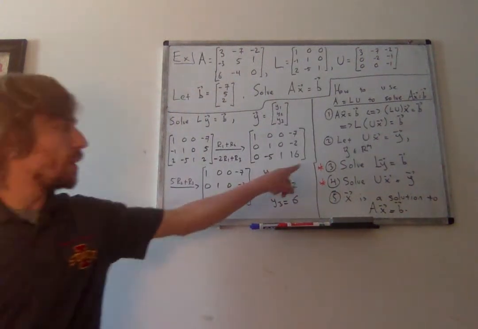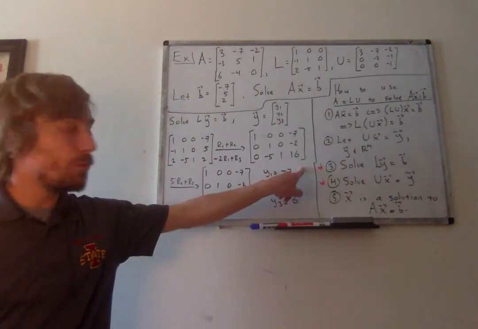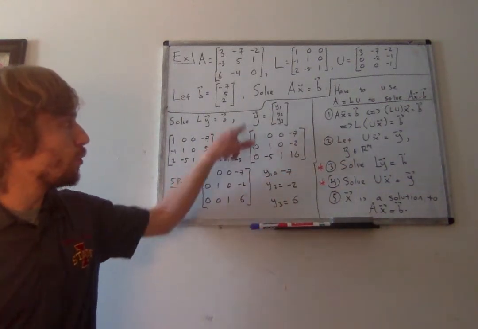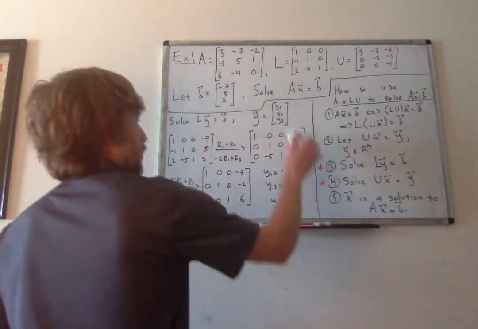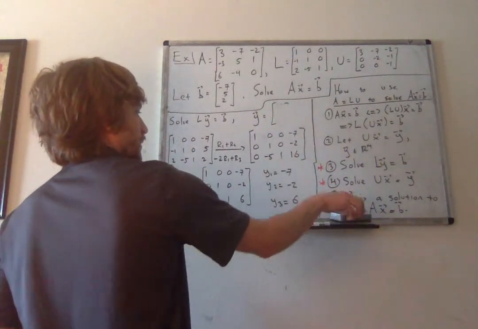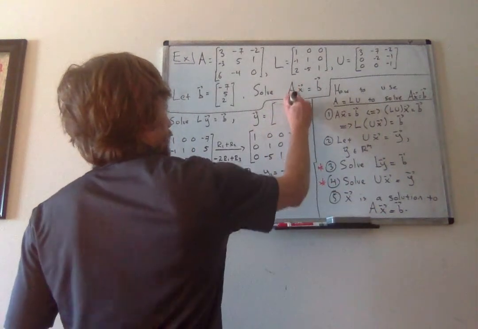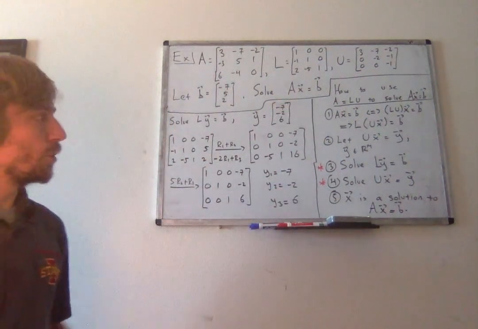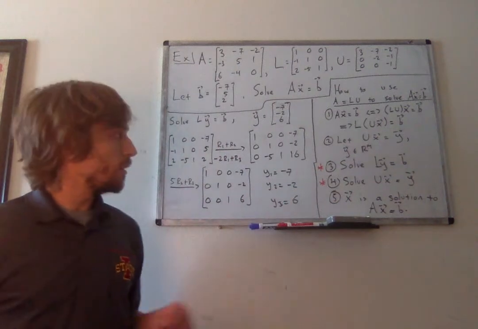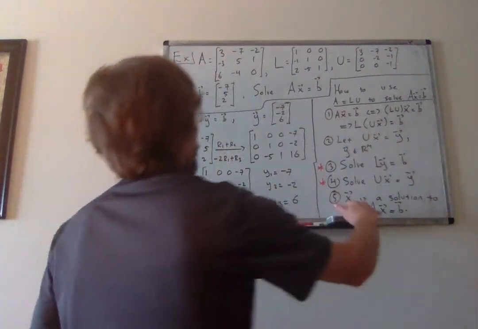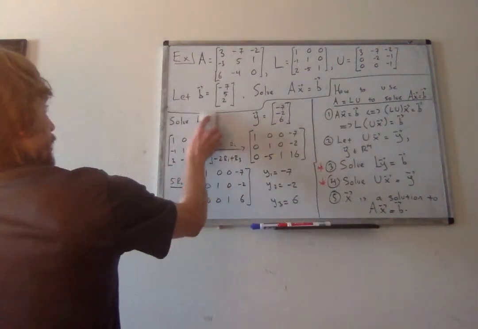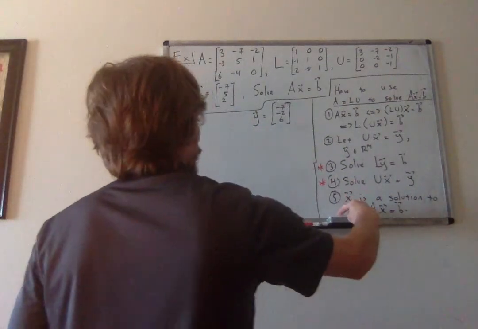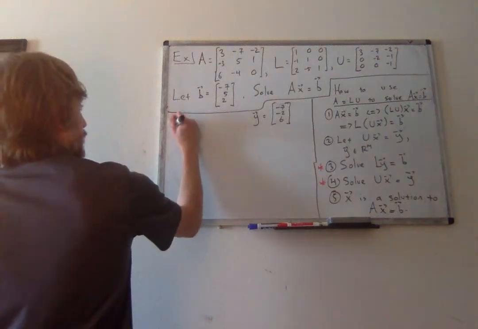All right, so this is number 3. I've solved L times y equals b. So now I want to use this newly found vector y, which is equal to -7, -2, 6, in order to solve for the vector x in step 4. And so now what I'm going to do is solve the matrix equation u times x equals y.